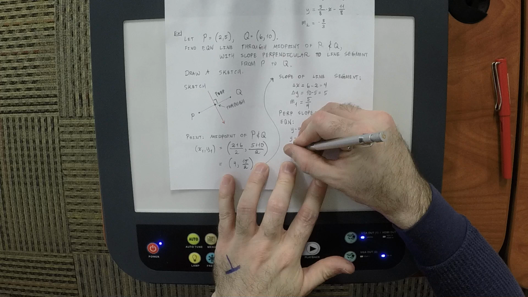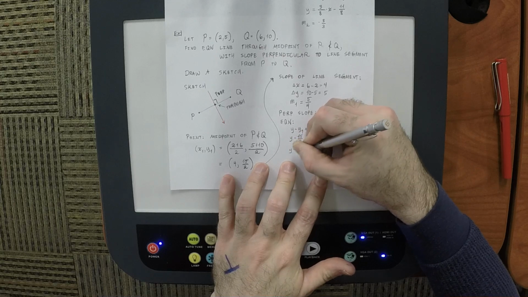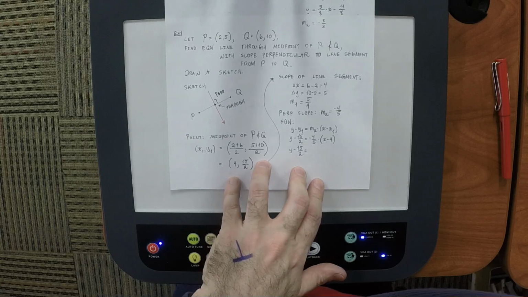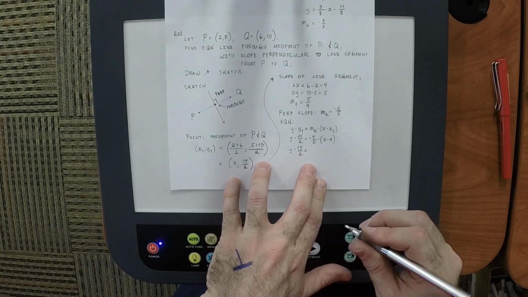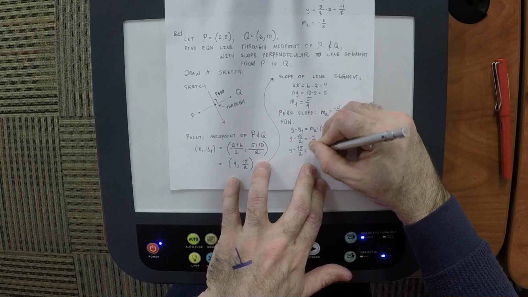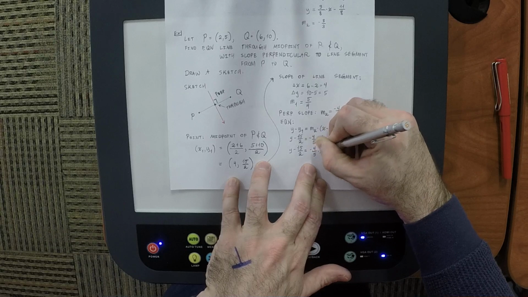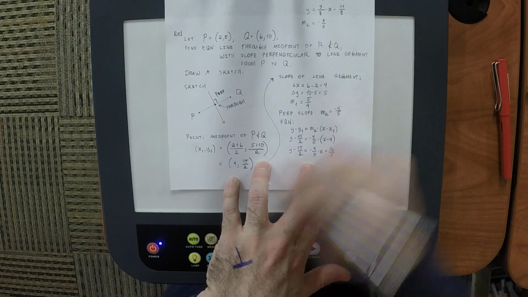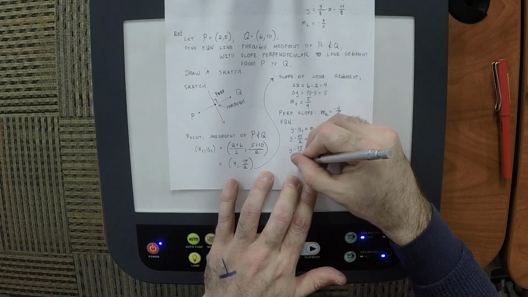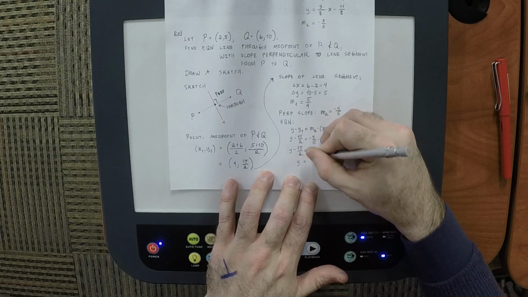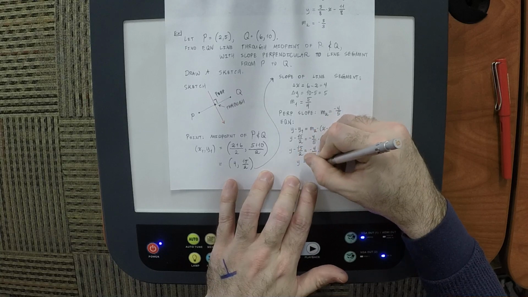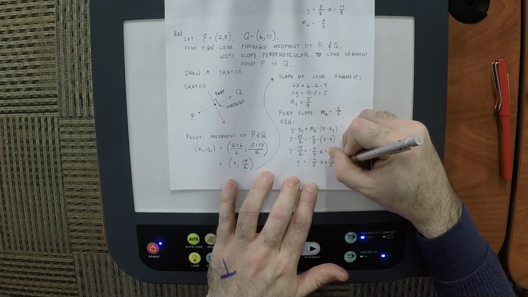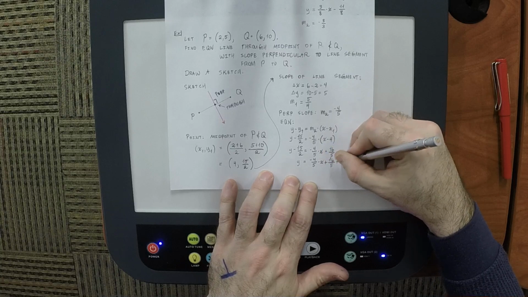Okay, so let's do that. Multiplying the negative 4/5 through on the right-hand side, what do you get? Very good. And then now add 15 halves to both sides. So negative 4/5 x plus 16 over 5 plus 15 over 2.